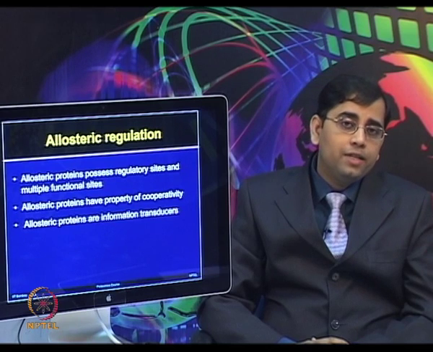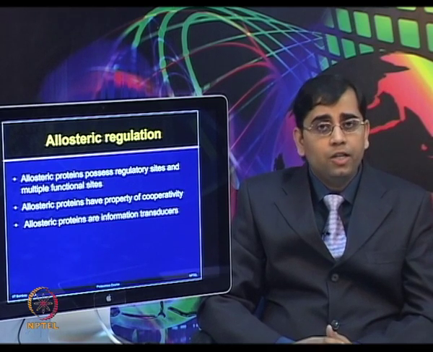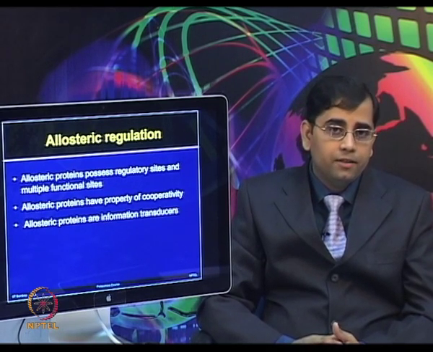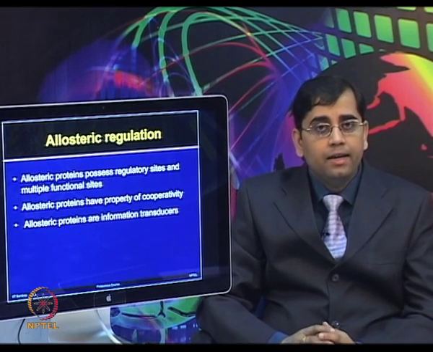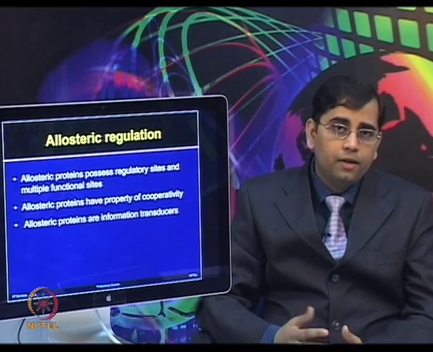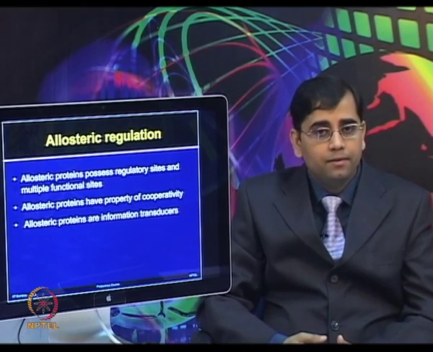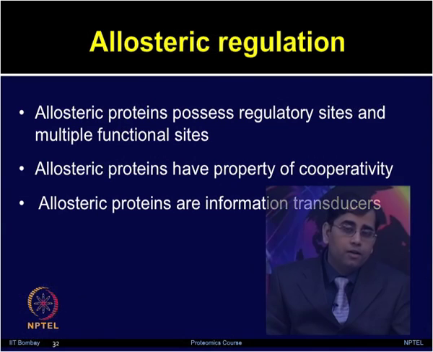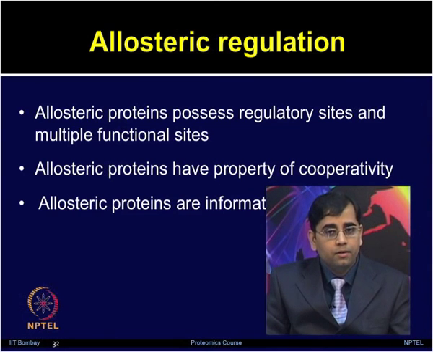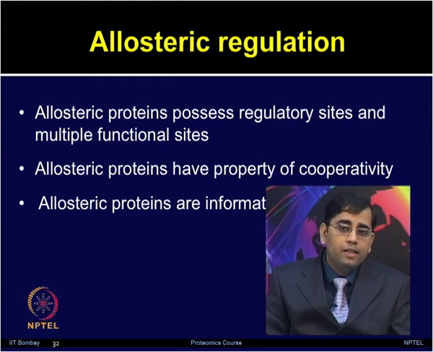The allosteric proteins possess the property of cooperativity. So, activity at one functional site can affect the activity of others in a cooperative manner. So, the allosteric enzymes are information transducers. In response to signal molecules, their activity is modified.